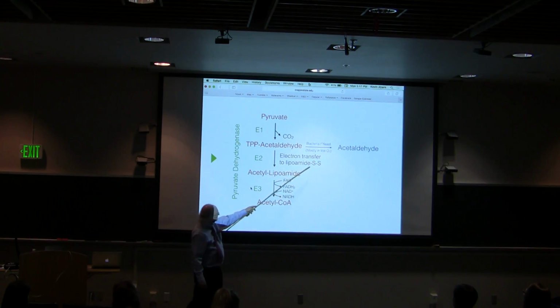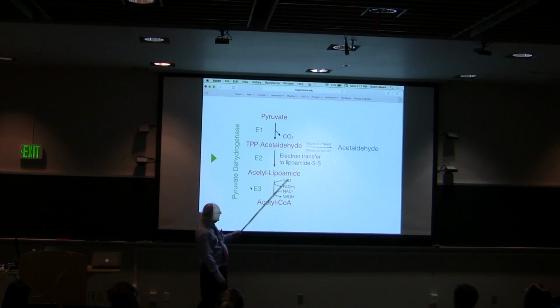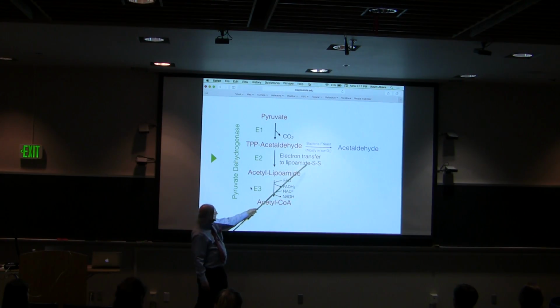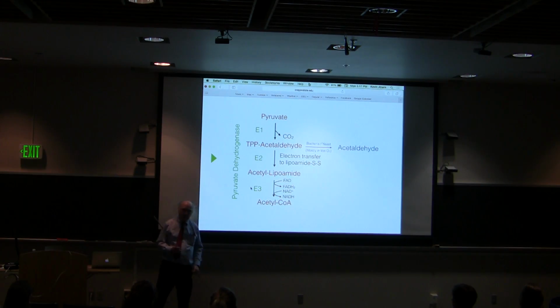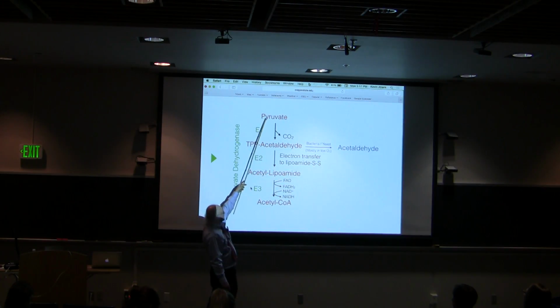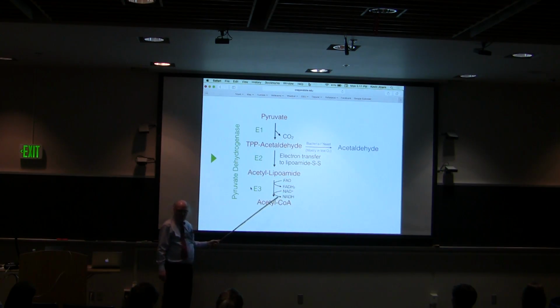Next, what has to happen is that this sulfhydryl, this reduced lipoamide, has to be reoxidized. So it gives up its electrons to FAD to become FADH2. And FADH2 gives its electrons up to NAD and becomes NADH, as you can see right here. So as a consequence, we've had oxidation of pyruvate, we've had decarboxylation of pyruvate, and we've had production of an NADH.